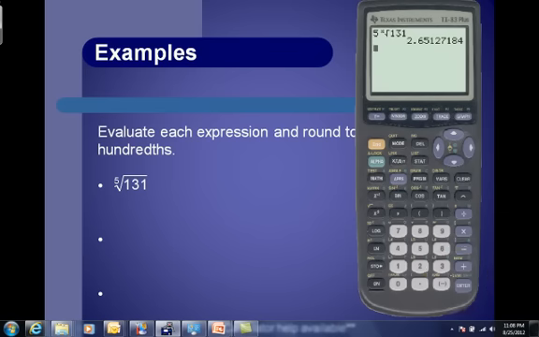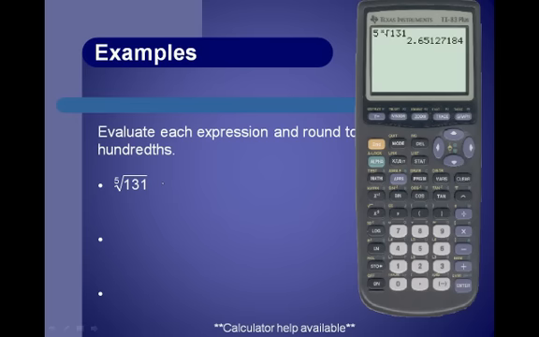When we press enter, we get 2.65127184. When we round this to the nearest hundredth, we get 2.65.